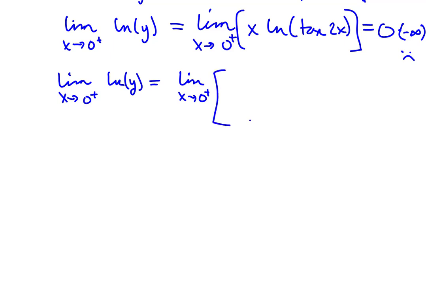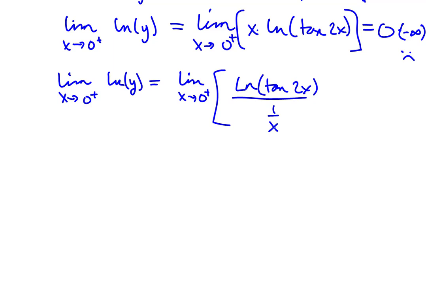We can do so in the following way. We're going to take this expression that was in the brackets, and I'm going to take this x that was in front, that factor in front, and do a little flip with it. So I'm going to keep the natural log of tangent of 2x where it is in the numerator, but instead of writing x multiplied in front of it, I'm going to write 1 over x underneath it, which algebraically is equivalent.